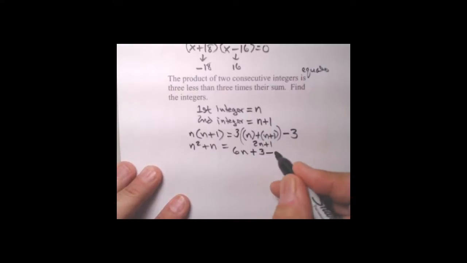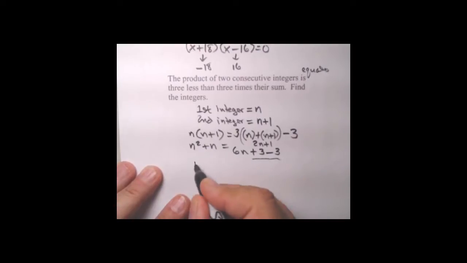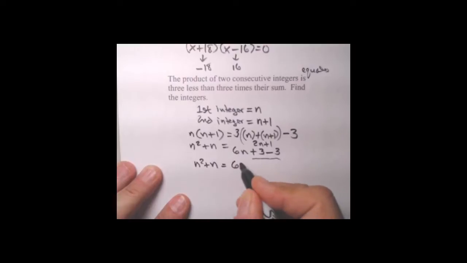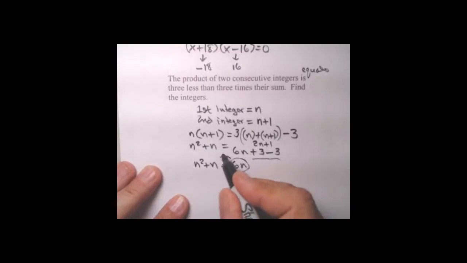And oh, look at this, we had the minus 3 here. Okay, well, we got to combine these like terms. So I've got n squared plus n equals 6n and plus 0, so I don't need to write that down. This is a quadratic, so I'm going to jump the 6n over to the left to get the 0 on the right.